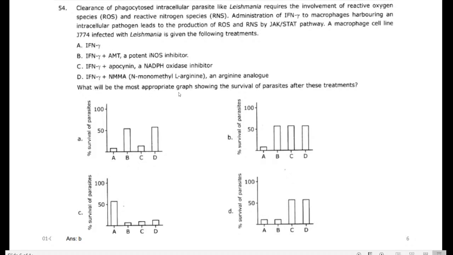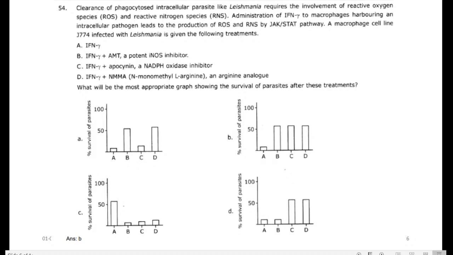What will be the most appropriate graph showing the survival of the parasite after this treatment? Once again I read the question. The clearance of phagocytosed intracellular parasites like Leishmania requires the involvement of reactive oxygen species and reactive nitrogen species.